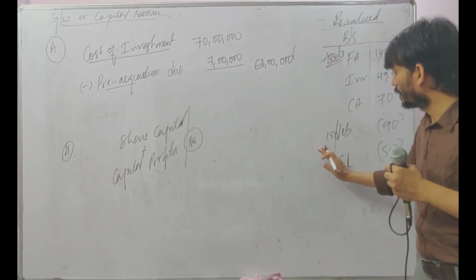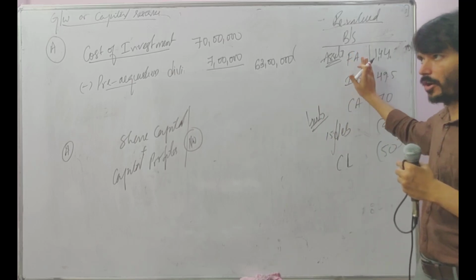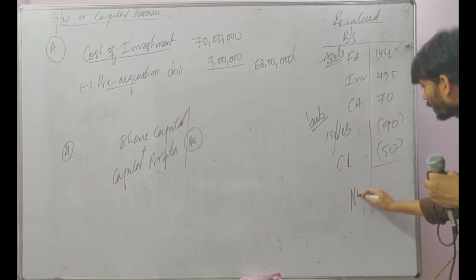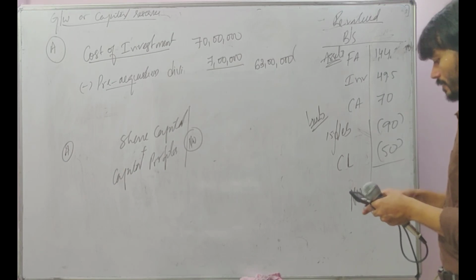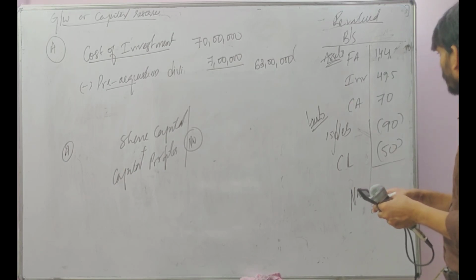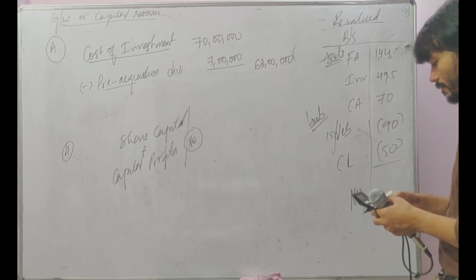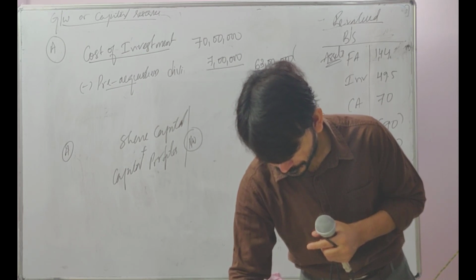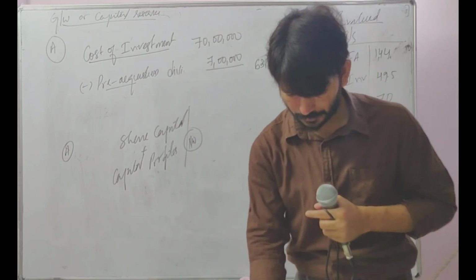Asset side you add up, deduct this liability side, all assets minus external liabilities, you will get this amount, net worth or net assets. 123.5, am I right? Hey, we made a mistake, huh?